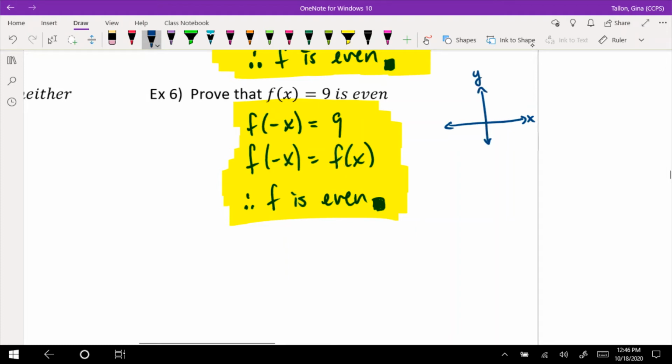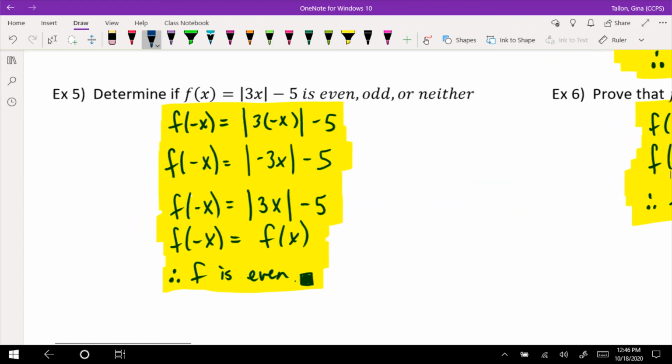F of x equals 9 is right here, something like this. This is y equals 9, a horizontal line. All horizontal lines are indeed even because when you reflect them over the y-axis, they fall right back on top of themselves. So common sense is going to talk you into the fact that f of x equals 9 is even.